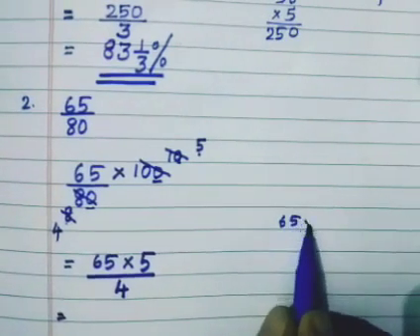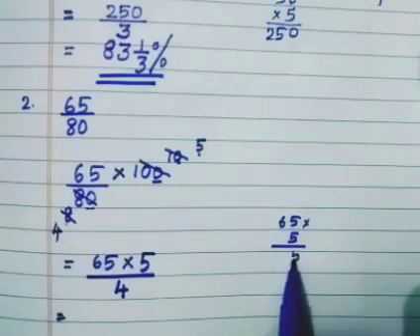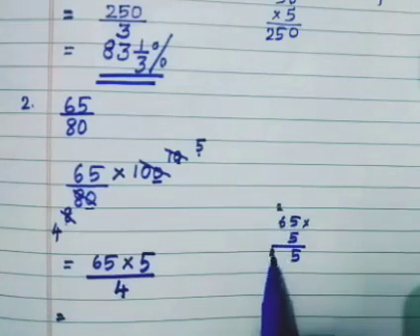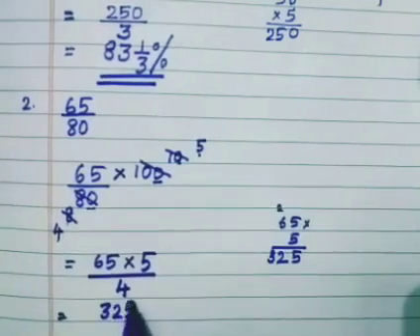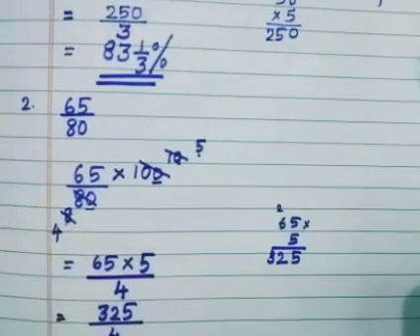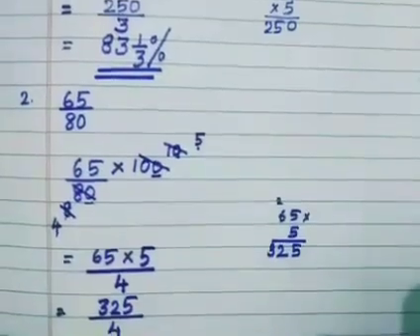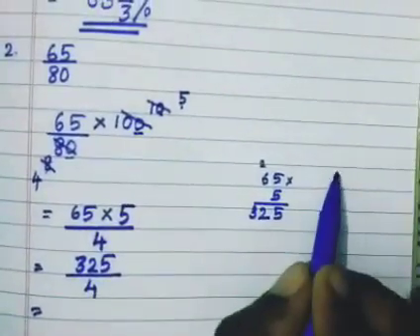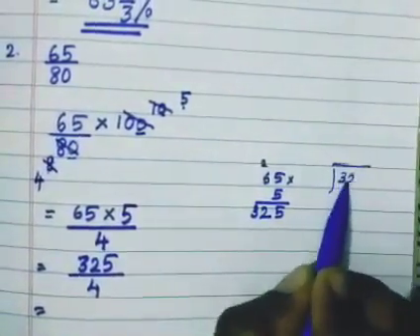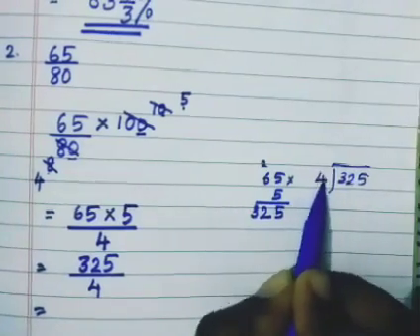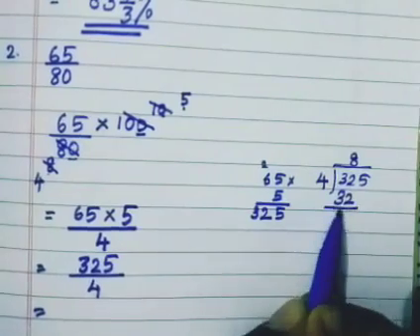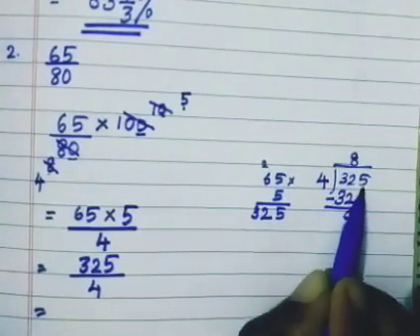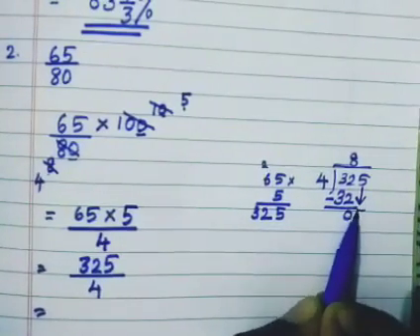Then you have to multiply 65 into 5. 65 into 5 is 325. So write that 325 in the numerator and divide it by 4. Then do the division, 325 divided by 4. 4 8s are 32. The remainder is 0. Bring down 5.